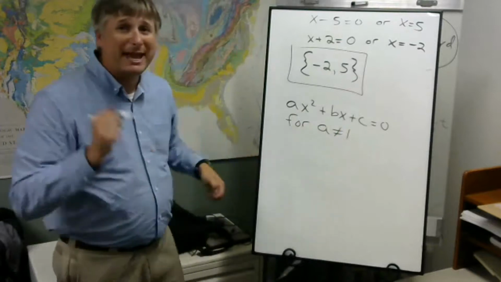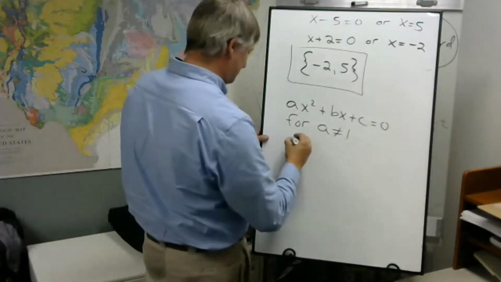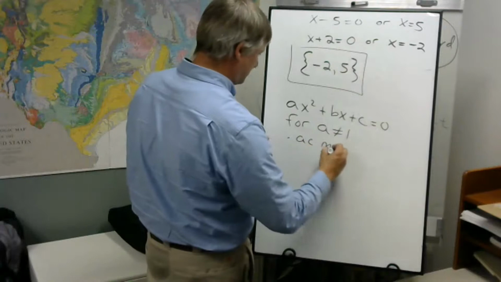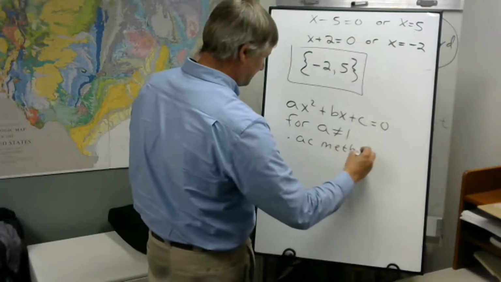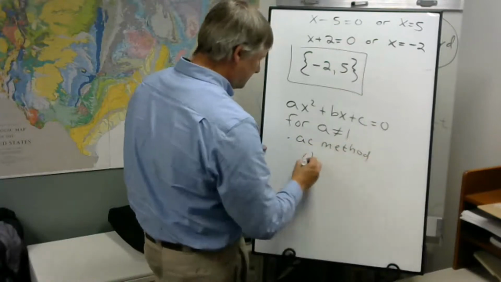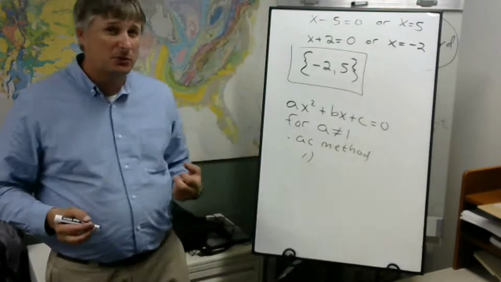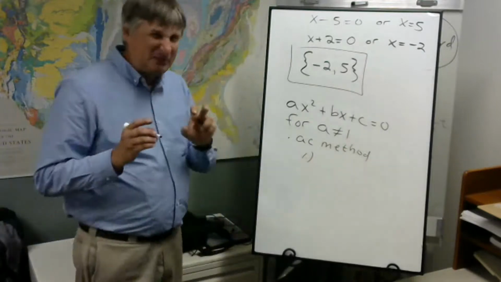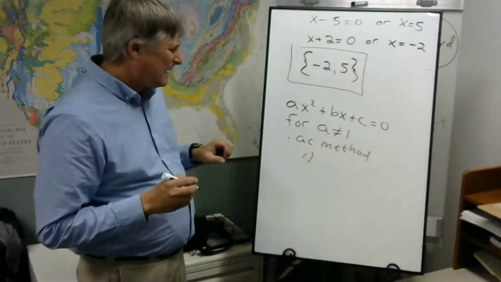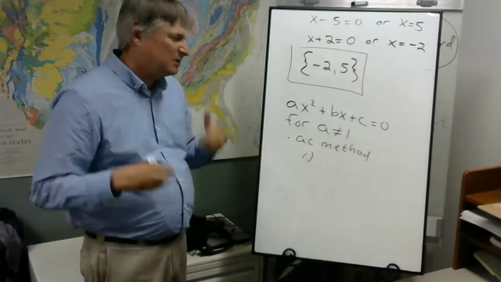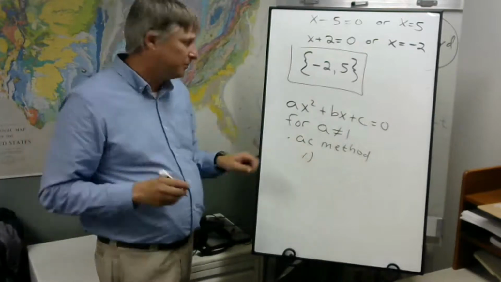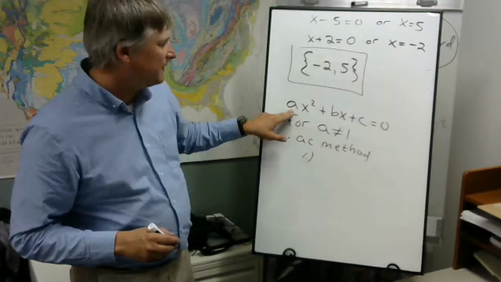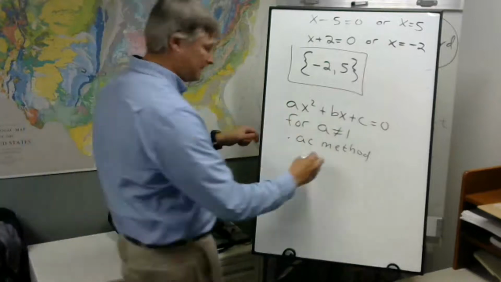Well, we use what's called the AC method. So once again, we're going to try to think of two numbers. And we're going to do a little bit of a difference here. AC method, you could say it's named after this first move. You come up with the product of A times C.